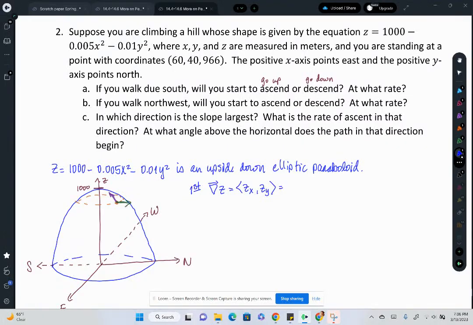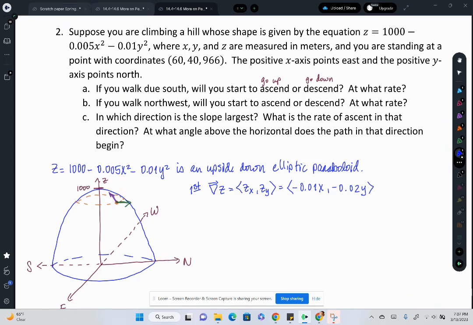For Z sub X, only the middle term gives us anything, and when I use the power rule on that, I get negative 0.01x. And for Z sub Y, only the third term gives me anything, and when I use the power rule on that, I get negative 0.02y. That's my gradient vector.